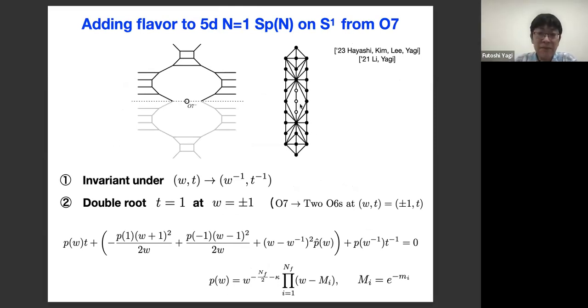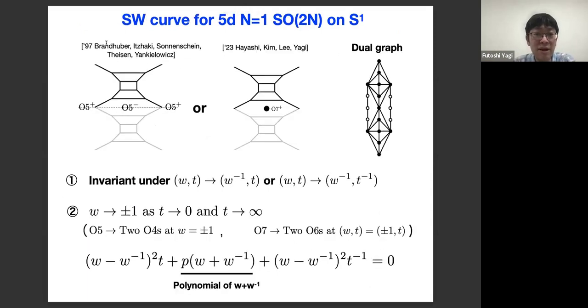Actually, the Seiberg-Witten curve for 5D Sp(N) has some subtlety. The invariance is the same as before, but the further constraint due to this O7- plane was not considered correctly for 5D. The 5D Sp gauge theory Seiberg-Witten curve was not written down very precisely until very recently, unlike the SO case. The SO case was known very long ago.